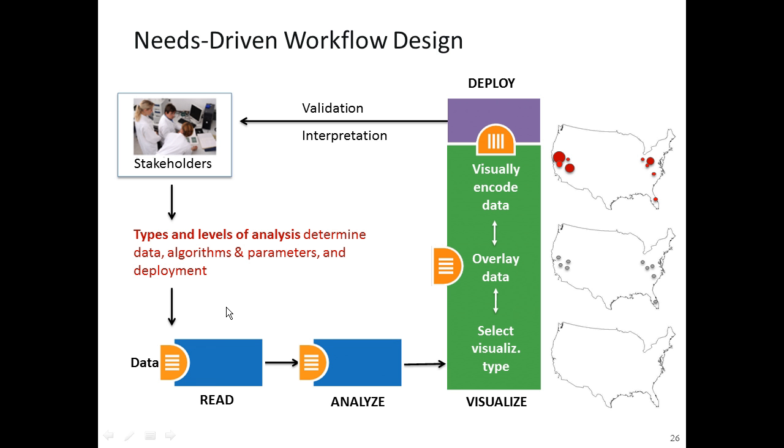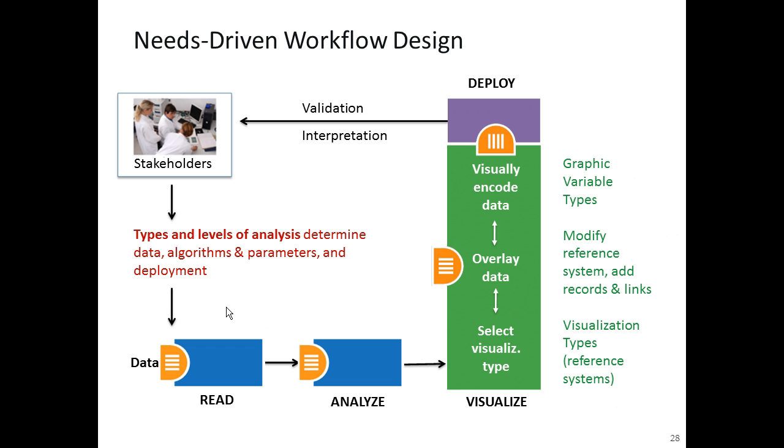Let's look at the needs-driven workflow design for geospatial visualizations. Using the general workflow introduced in Unit 1, we will look at the types of data that are used to generate geospatial maps, the types of analysis, and also the visualization of geospatial visualizations, comprising the selection of the visualization type, here the selection of the base map, then the overlay of data, and then how to visually encode the data.